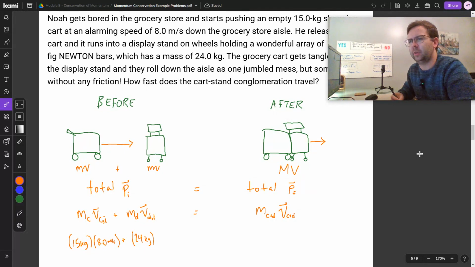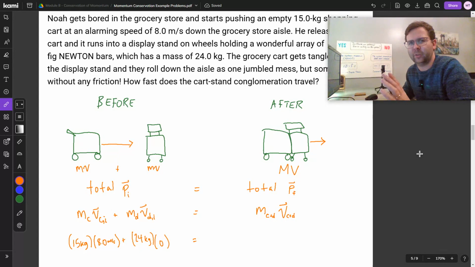The initial velocity of the display stand, if you look at the picture, it should be clear that it's not moving, so the velocity is 0. Now, you might have recognized that early on and realized that this whole term, 24 times 0, is just going to disappear. 24 times 0 is 0. So if you see that coming, you can just cross it out. But I wanted to work it out for you here totally.